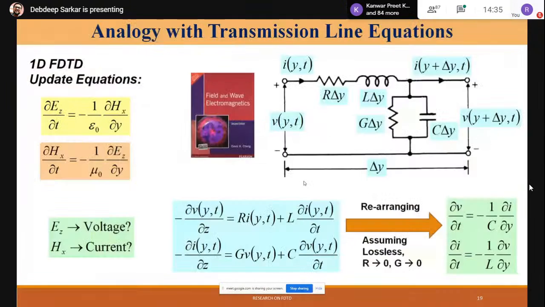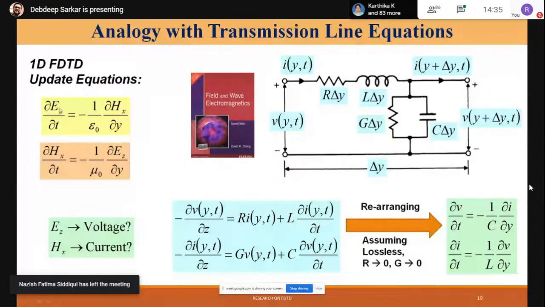Just to give you some analogy and physical intuition, we start with these two update equations: del Ez del t and del Hx del y, and del Hx del t and del Ez del y. Now we know that in our undergrad, master's or PhD coursework, we people working in the RF engineering domain are always dealing with transmission lines, and transmission lines are very important in the design of any system.